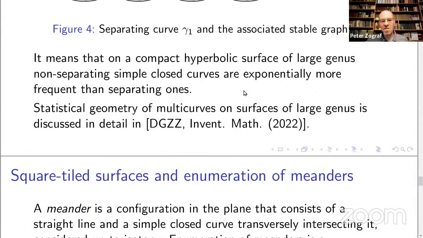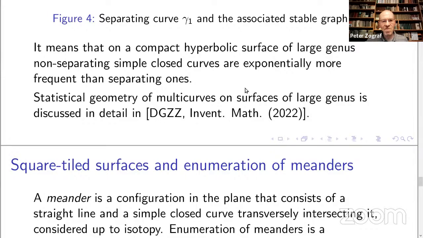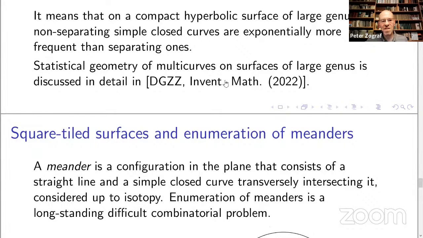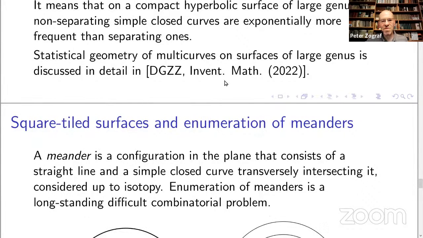Now let's go to the third application of the lattice point count, namely to the enumeration of meanders. A meander is a configuration in the plane that consists of a straight line and a simple closed curve transversely intersecting it, considered up to isotopy.